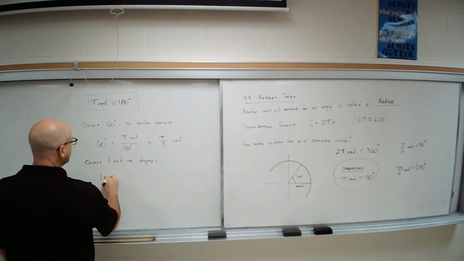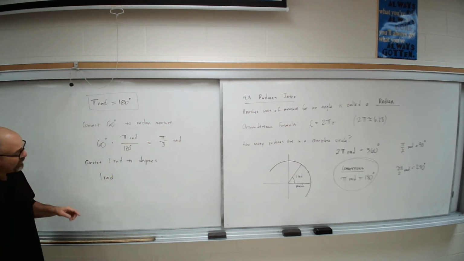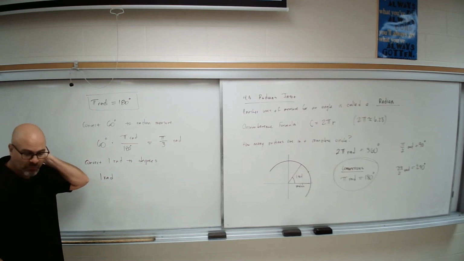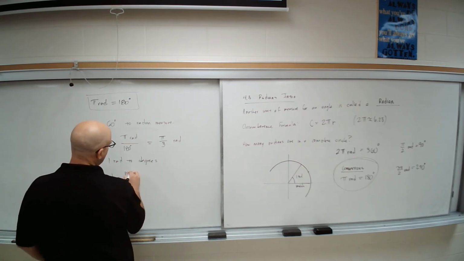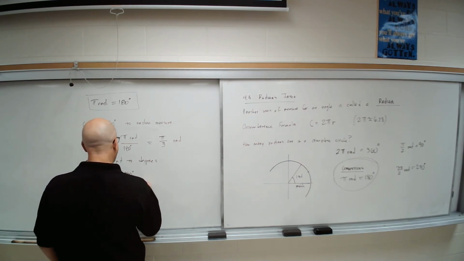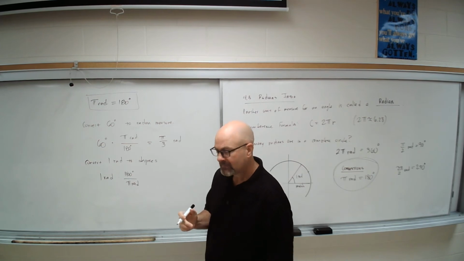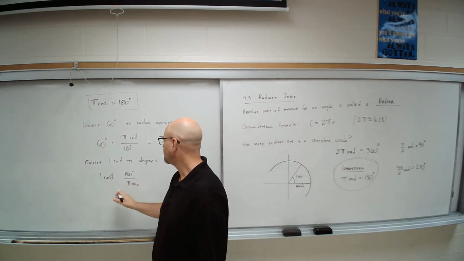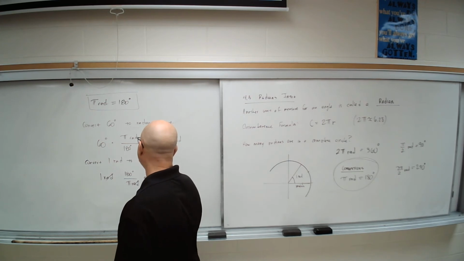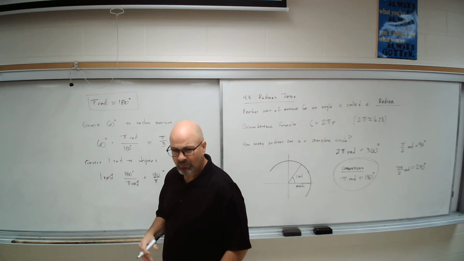So we have 1 radian. Now we know that we need radians to go away, correct? They need to cancel out. So we're going to multiply by 180 degrees over pi radians. Now the radians will cancel. And then we're left with 180 divided by pi degrees, but we don't want that, right?